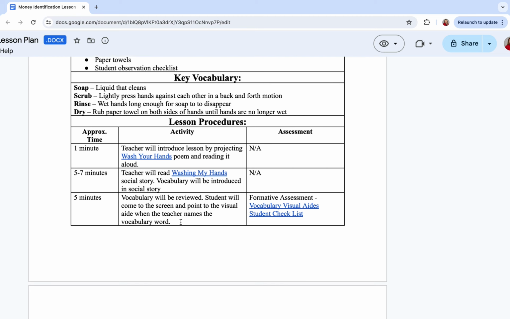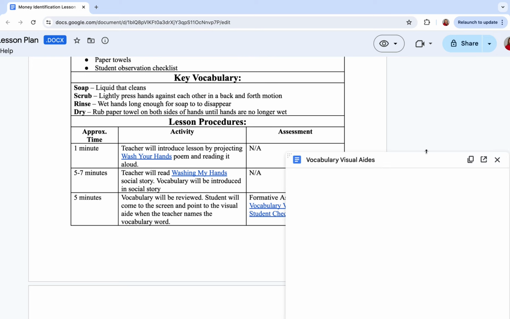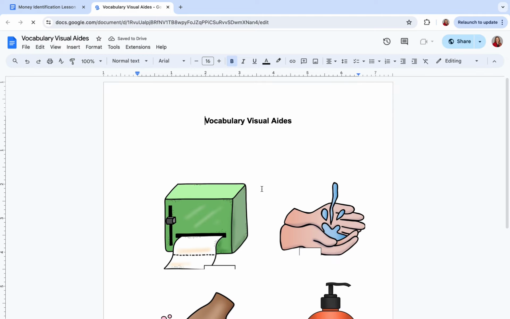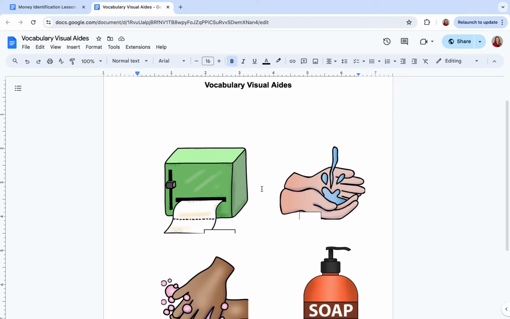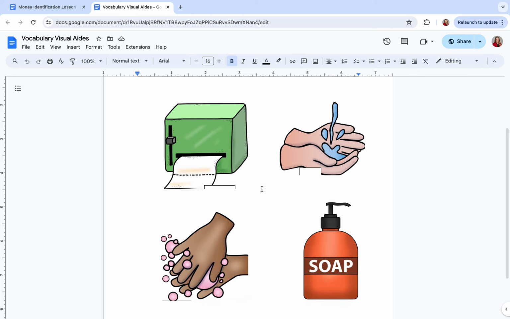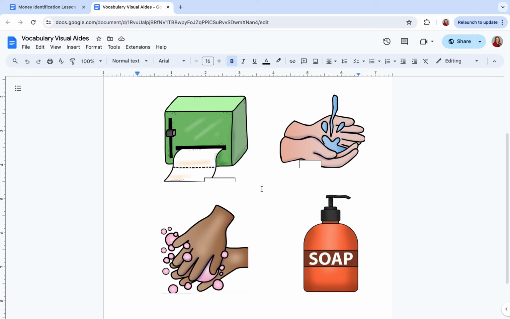The student will come to the projector screen and point to the visual aid when the teacher names a vocabulary word. During this time, this document will be projected onto the screen, and the teacher, or I, would move into more of a coaching role rather than an instructional role, and I would ask Ben to point to the image of rinsing, and he would have to go and point to the correct image, and this would continue for the other three vocabulary words.